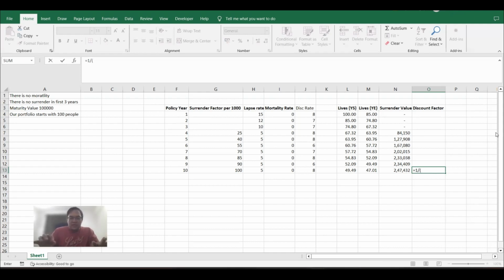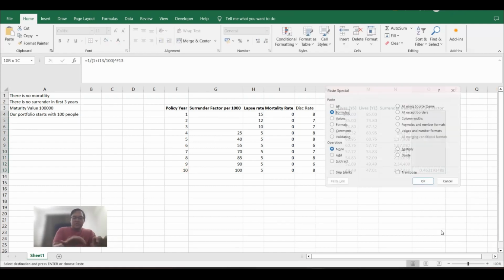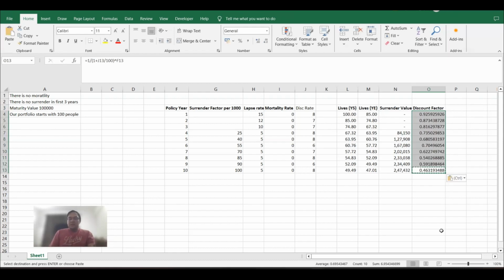So this would be 1 plus this divided by 100, and that raised to the power of this, which is the number of policy years. So this is your individual discount rate. Once again, let me make it look slightly better.